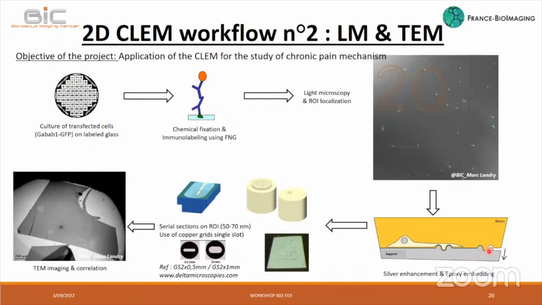When we add the resin, the epoxy fills this engraving, and when we remove the block from the support, we visualize the number in relief at the surface of the block. So we are able to do sectioning in the right square of interest.